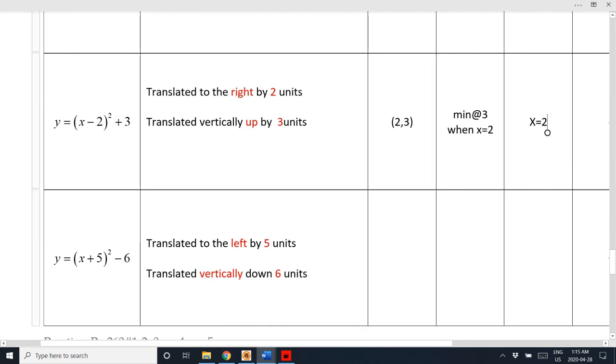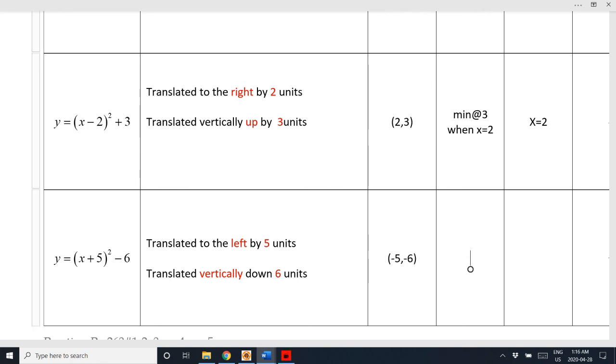So it's plus 5, so it's translated left by 5 units and translated vertically down 6 units. So we know our vertex here is going to be -5, comma, -6, because h is equal to -5.